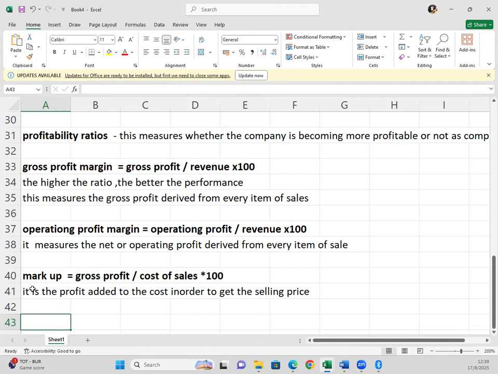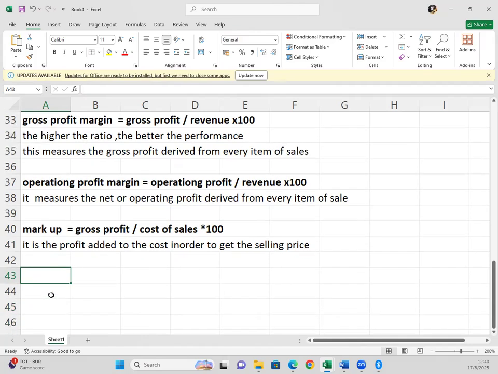For all these ratios, the higher the better. Now let's move on. We have the return on capital employed. When we start a business as investors in the company, we put in our money, which is the capital we invest.